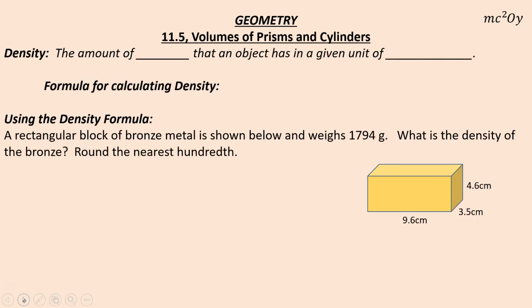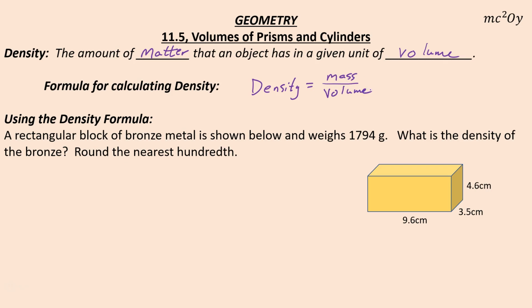Alrighty, let's talk about density. Density is the amount of matter that an object has in a given unit of volume, and density is equal to mass divided by volume.